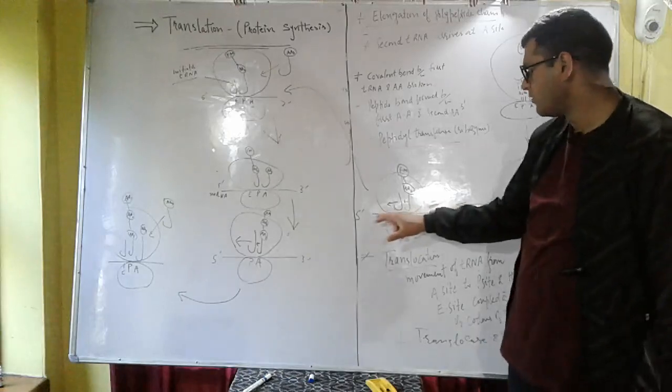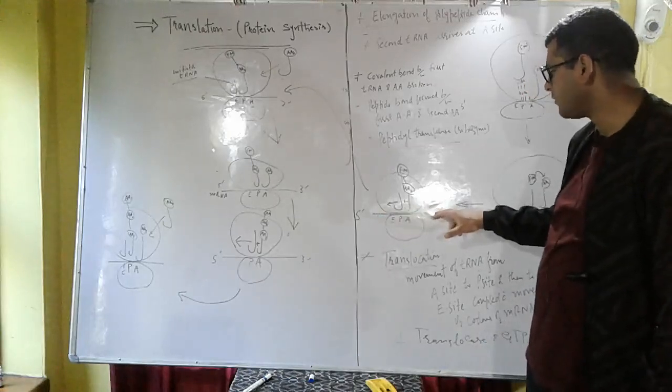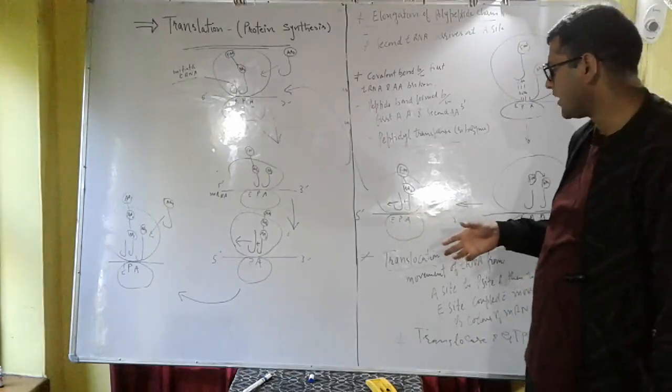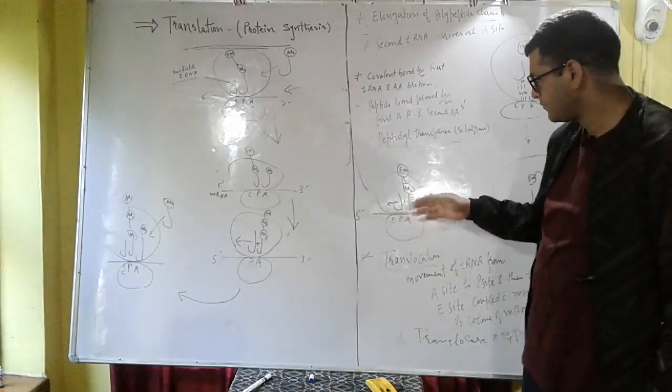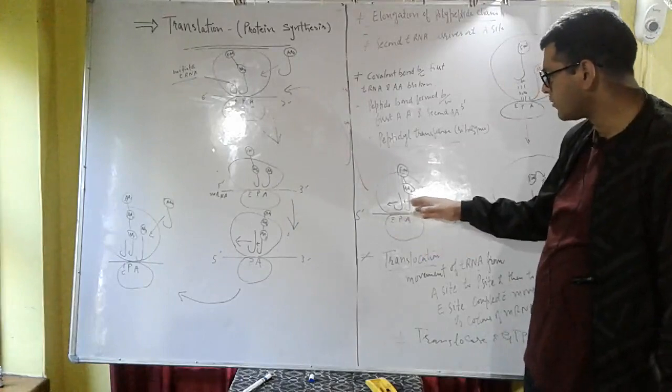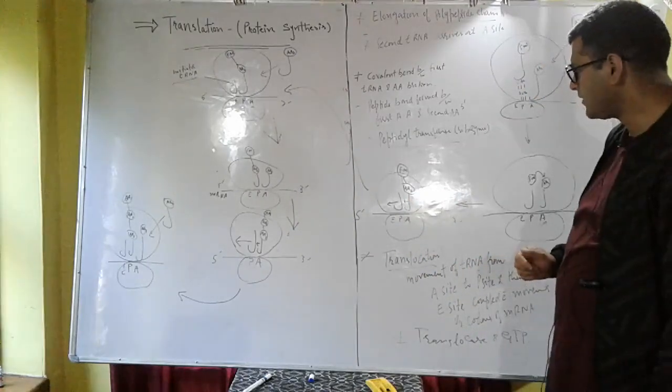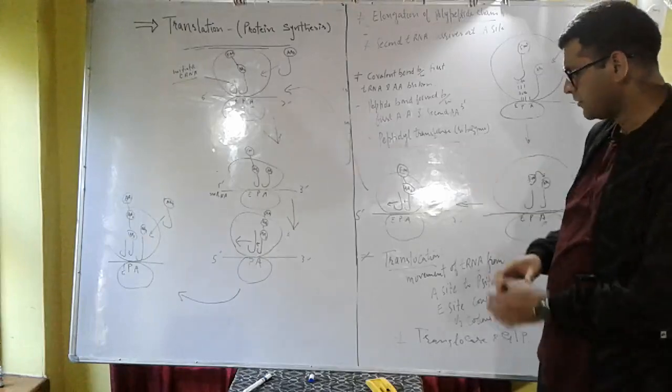All the codons on the mRNA reach the A site of the ribosome and get decoded.